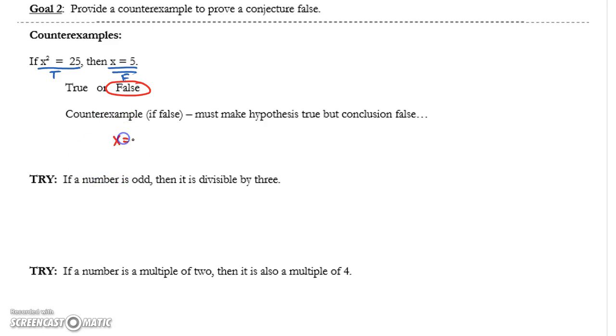I know that x equals -5 is a good counterexample because my hypothesis would be that -5 squared equals 25. That makes my hypothesis true. My x squared is true. But my conclusion, -5, is not true because that's not equal to 5. That makes this a counterexample.